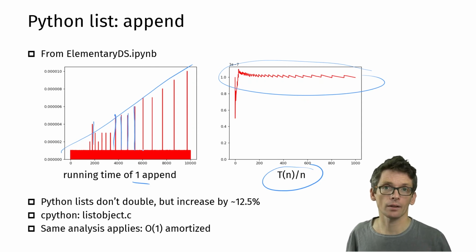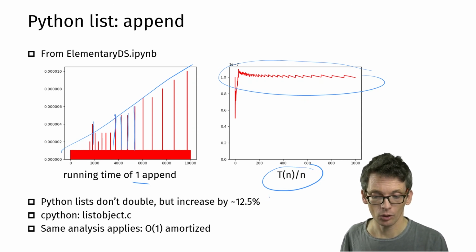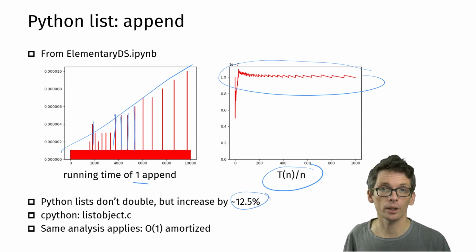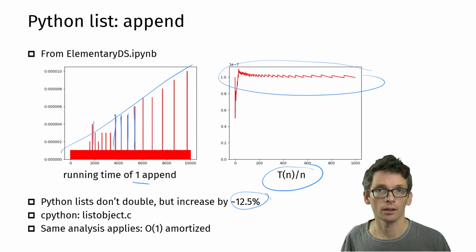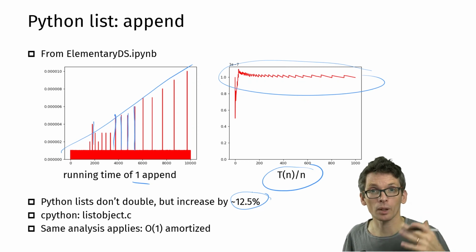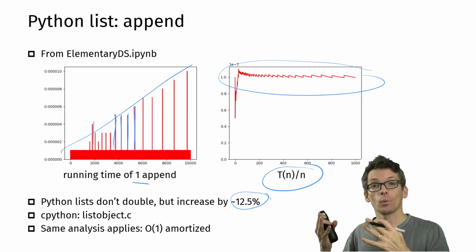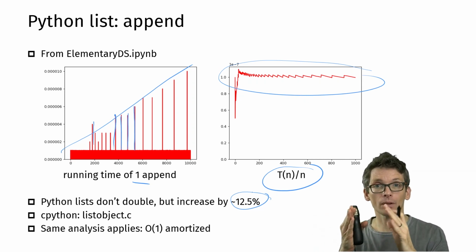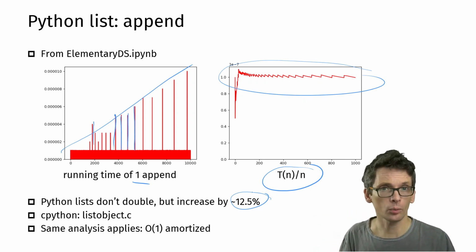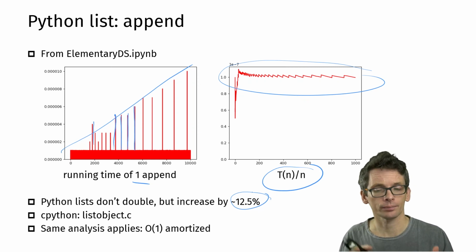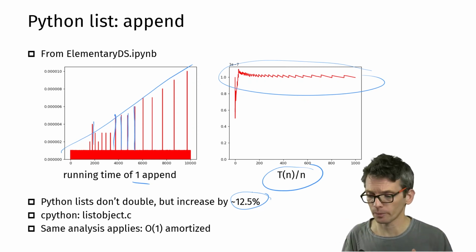That is not quite the case. Python lists don't double, but only increase by roughly 12.5%. Meaning this operation will happen more often, but the same analysis that we got with the geometric series also works with a smaller percentage. It's just a different logarithm that we get.